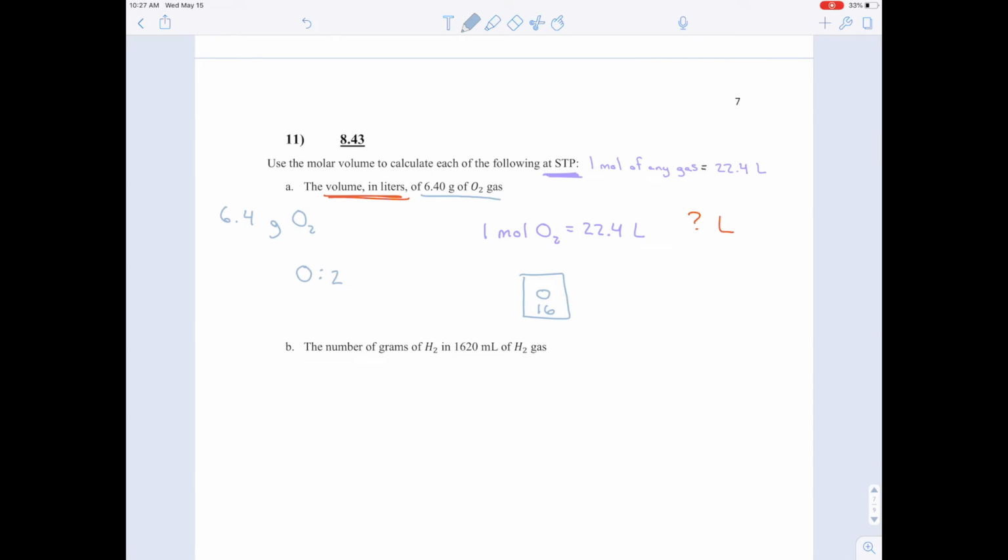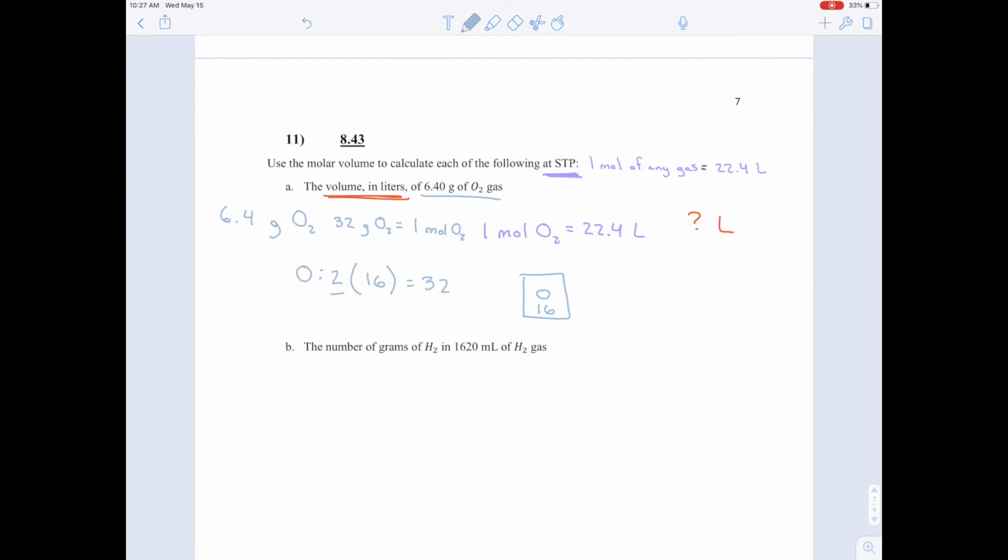So 1 mole of each oxygen will weigh 16 grams. We have 2 moles, so together they'll weigh 32 grams. So there are going to be 32 grams of oxygen in 1 mole of oxygen gas, O2.